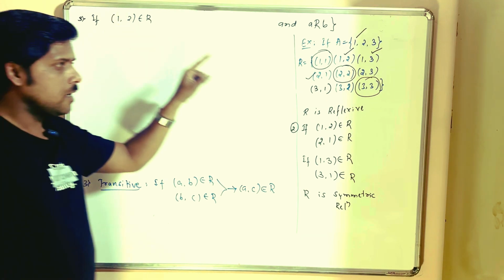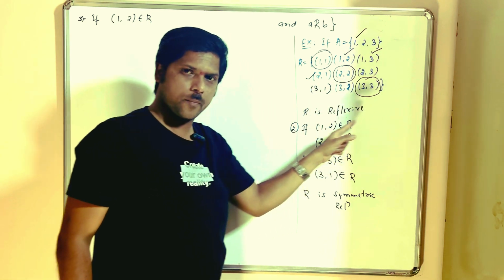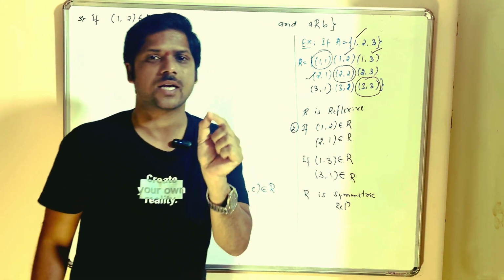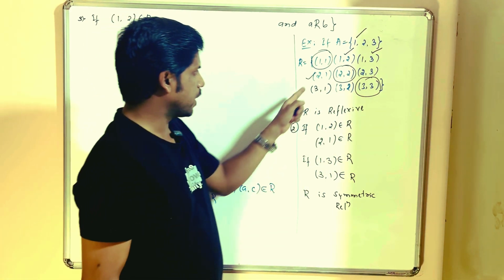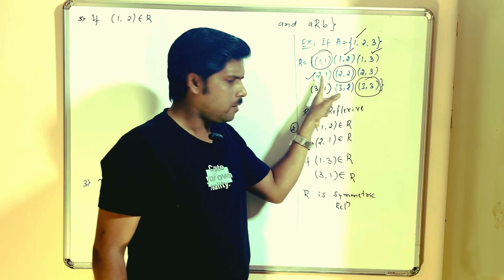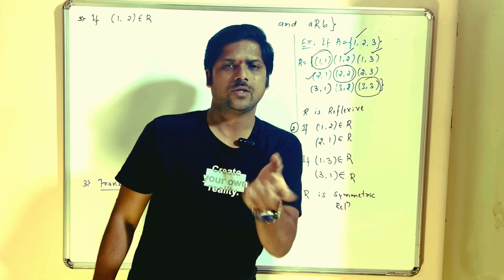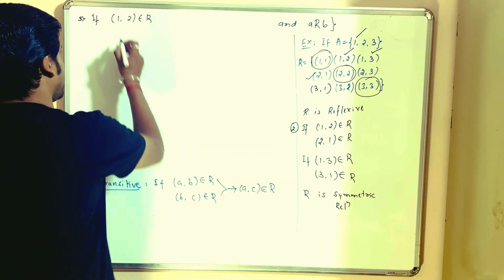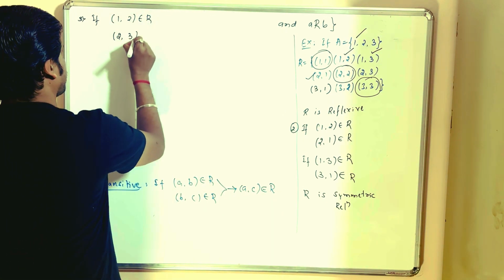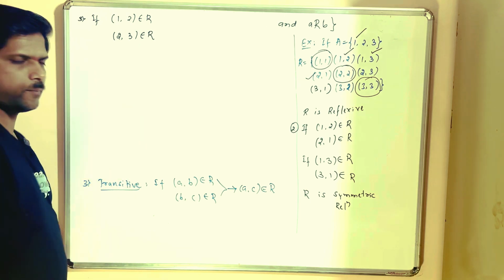So we have to select, in this relation, an ordered pair which starts from 2. Remember that one. So 2, 1, 2, 2, 2, 3. Out of these 3, you have to select any one. So I will consider here 2, 3 belongs to R.